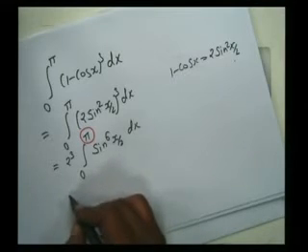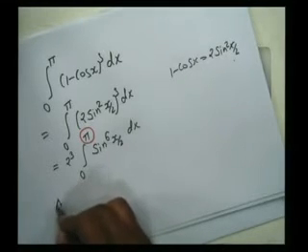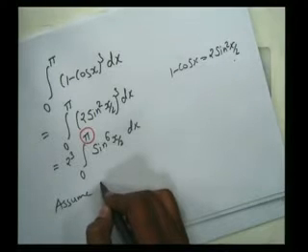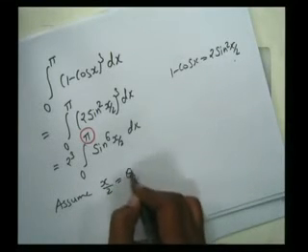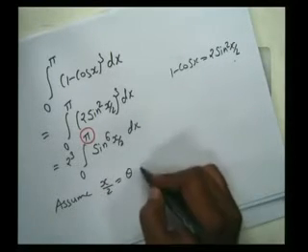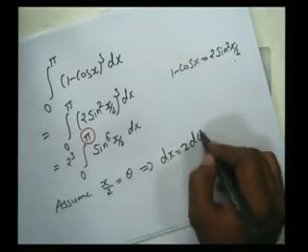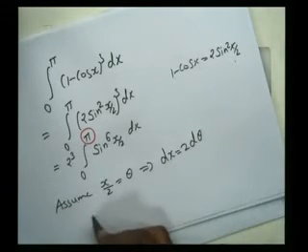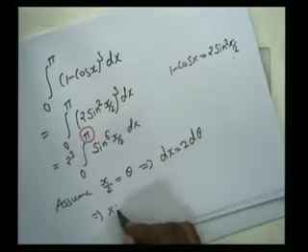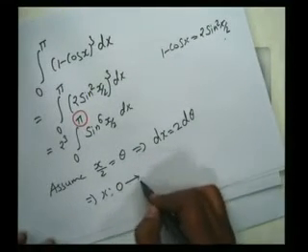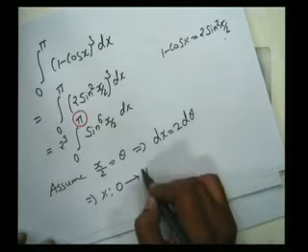Therefore, here we have to assume x by 2 equal to theta. This implies dx equal to 2 d theta. The limit of x is 0 to pi.